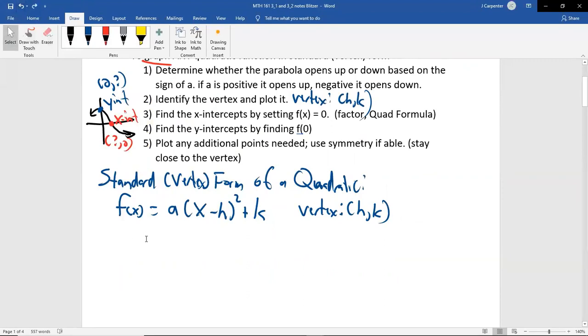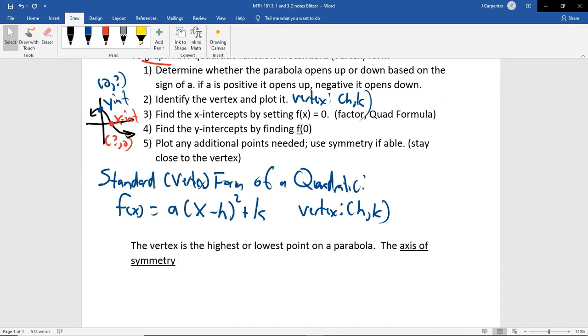One last thing I just want to type up that I said earlier is that the vertex, the highest point on a parabola, along with the axis of symmetry, is a vertical line, x equals h.